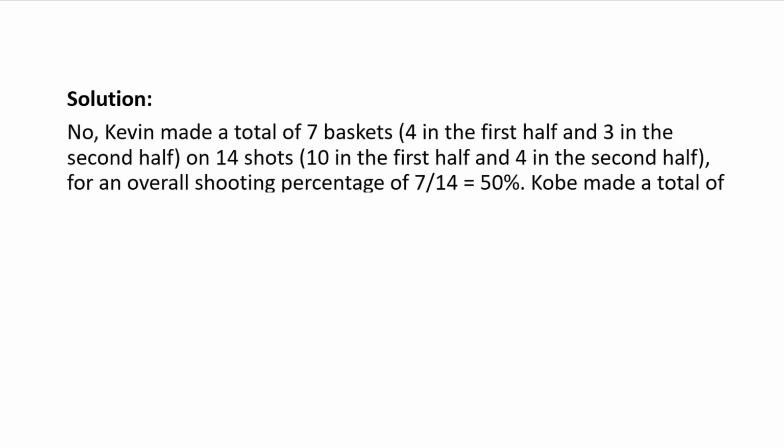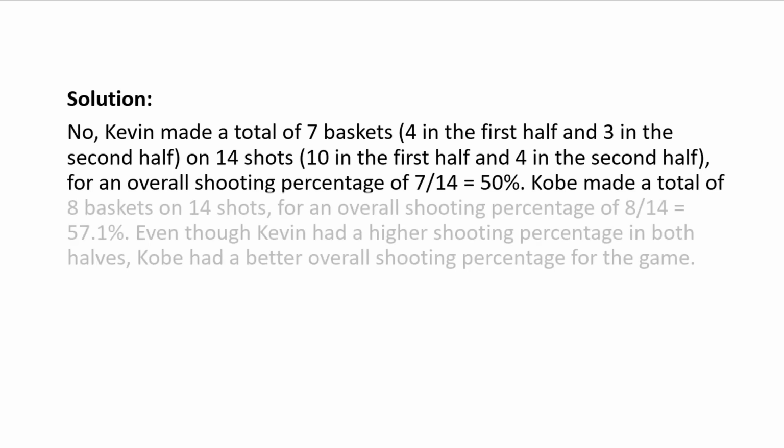Actually, no. Kevin made a total of 7 baskets, 4 in the first half and 3 in the second half, on 14 shots, 10 in the first half and 4 in the second half, for an overall shooting percentage of 7 divided by 14, or 50%.